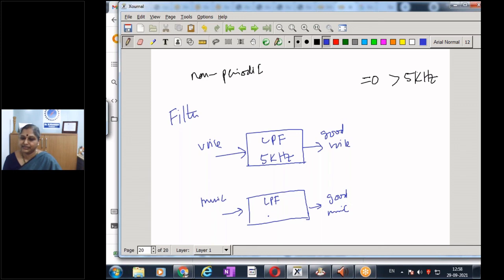Just try, just guess. Up to what frequencies can human ears hear? The audible range. It will go up to 20 kilohertz. Yes, up to 20 kilohertz.